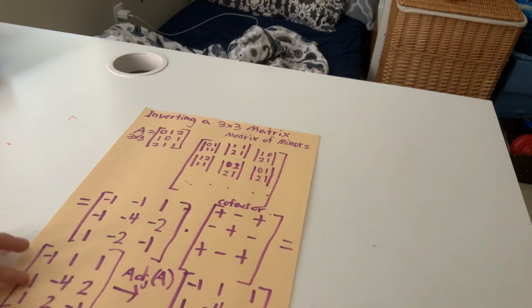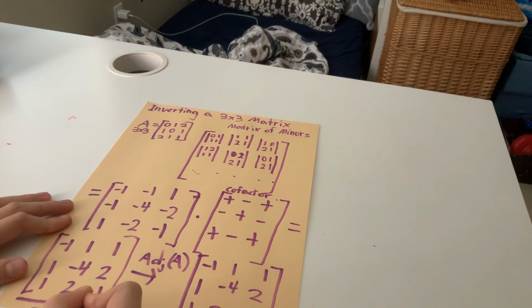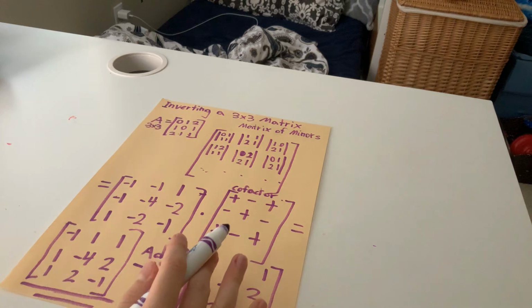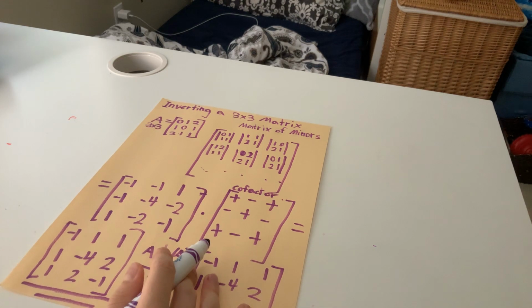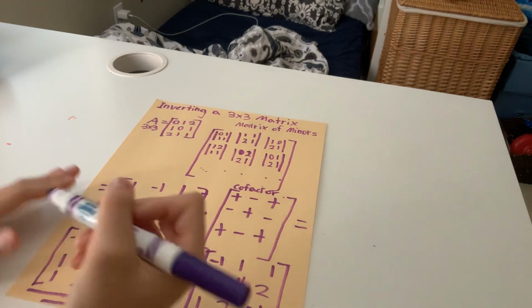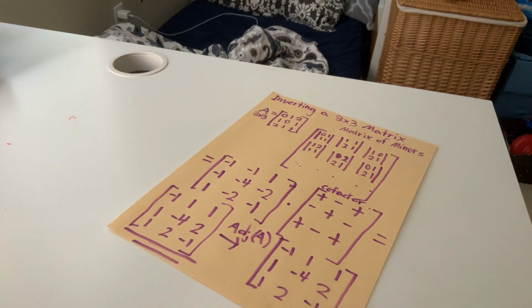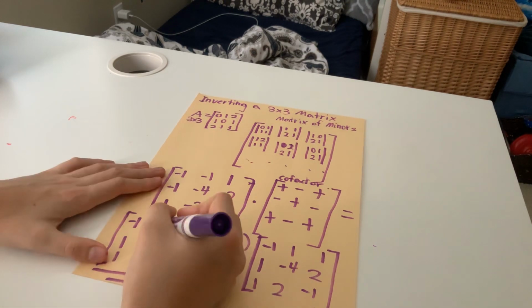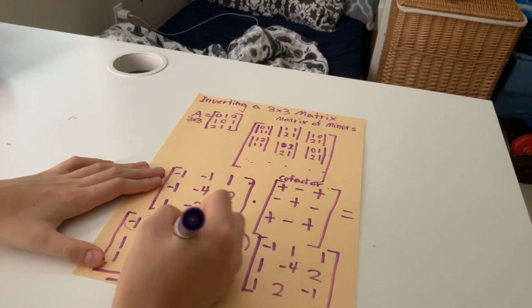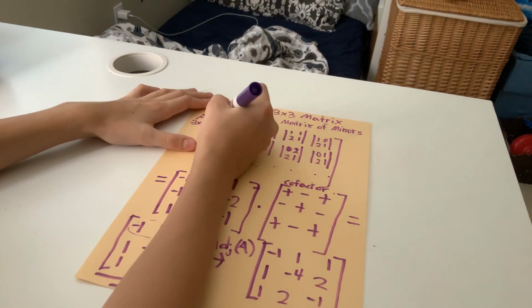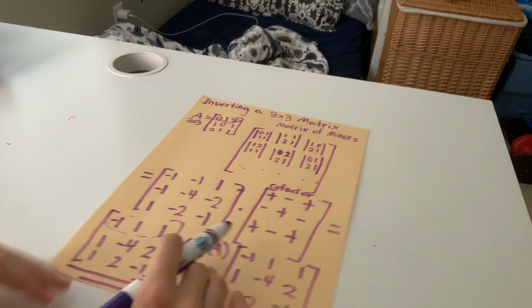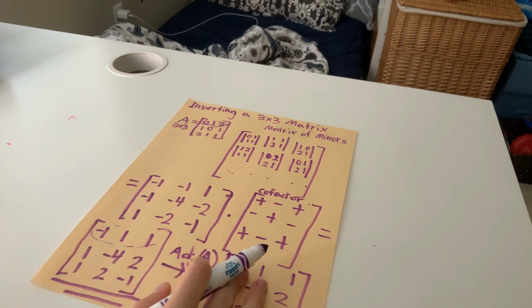The way you do that is you take your matrix of cofactors and your original matrix, and you take the first row, though theoretically it works with any row. But let's just keep it simple. So you take the first row of your matrix of cofactors and the first row of your original 3x3 matrix that you wanted to invert.